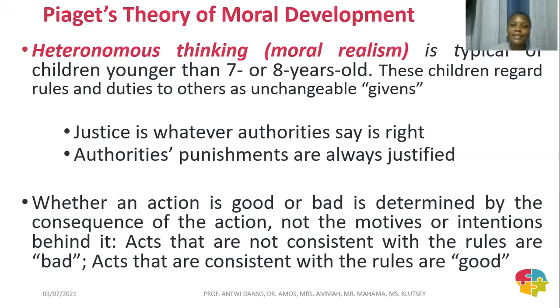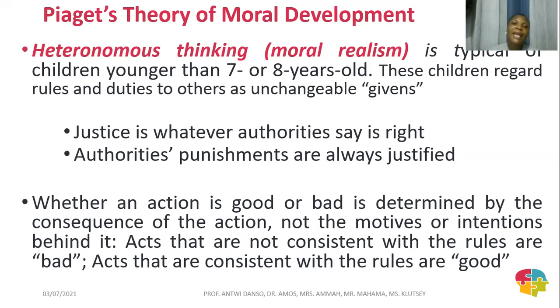Whether an action is good or bad, right or wrong, is determined by the consequences of that action. So for children, if they do something and they are beaten, it means what? That action is wrong or bad. But if they do something and they are rewarded, it means that action is right.